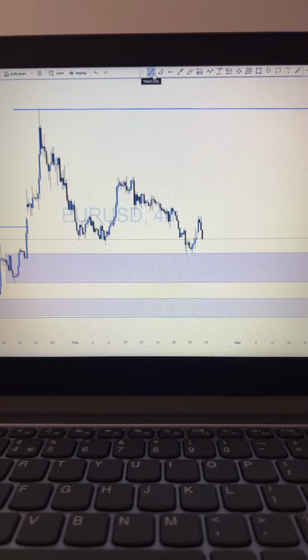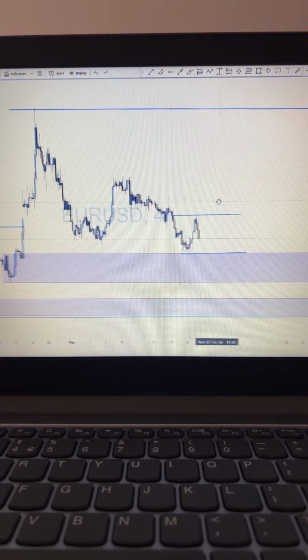So how do I want to see it? I want to see price take out this low. This is the pullback that we have already. I'm using 4 hours right now. So what I want to see is price take out this low, then come back to take this high.